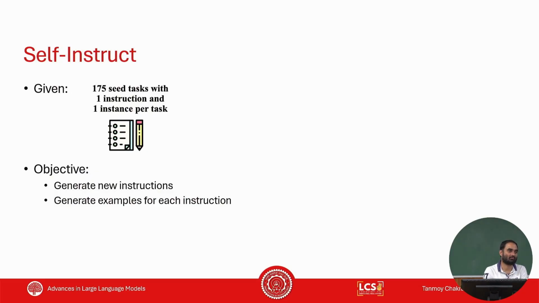So for self-instruct, what is my input? My input is the task-specific data. I hope you understood the difference between task-specific data and the instruction fine-tuning data, right? So there are 175 seed tasks, and the tasks are available in, let's say, the GLUE benchmark or SuperGLUE benchmark, BIG-bench benchmark, and so on.